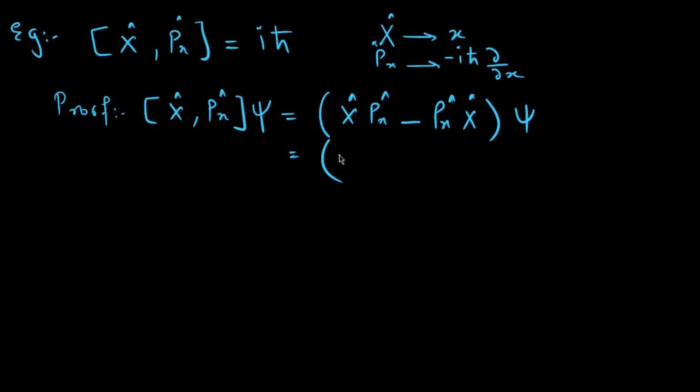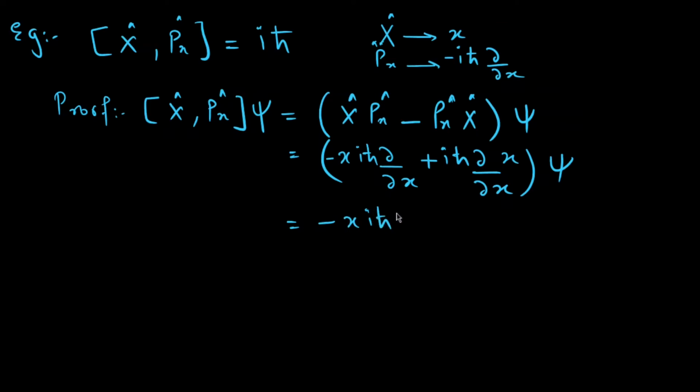So this becomes x into minus i h cross dou by dou x plus i h cross dou by dou x of x, multiplied with psi. Let's take psi inside: minus x i h cross dou by dou x psi plus i h cross dou by dou x of x psi.